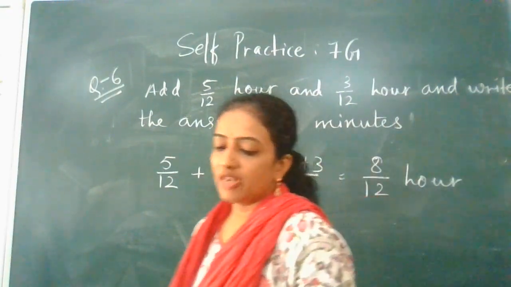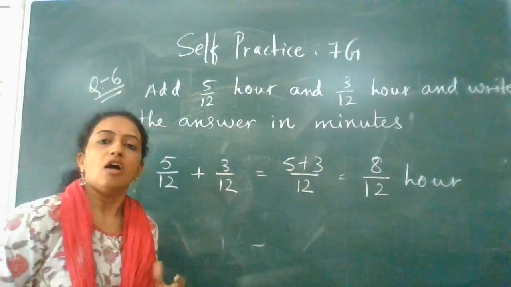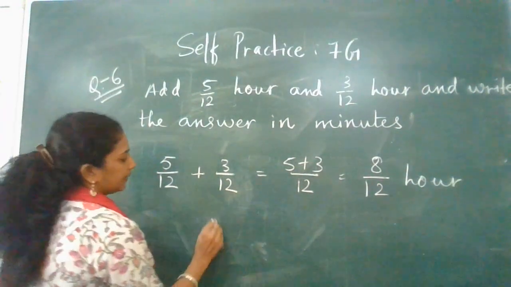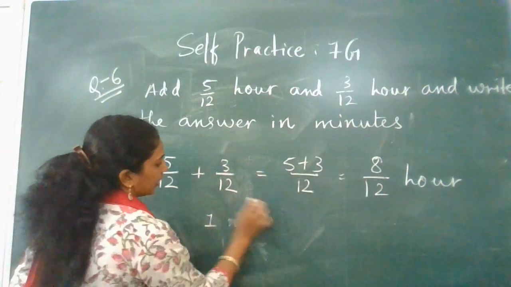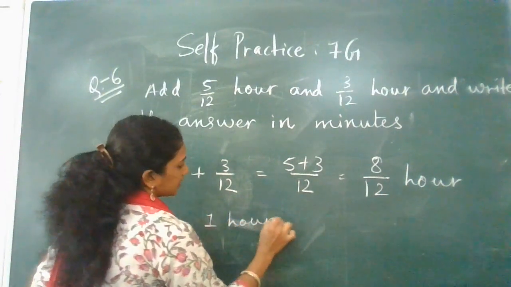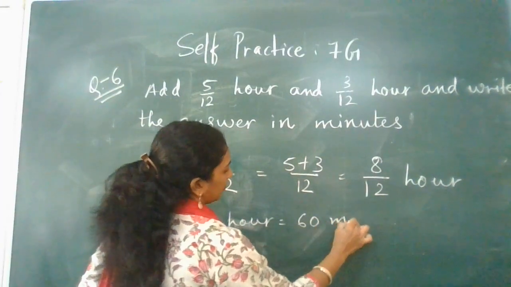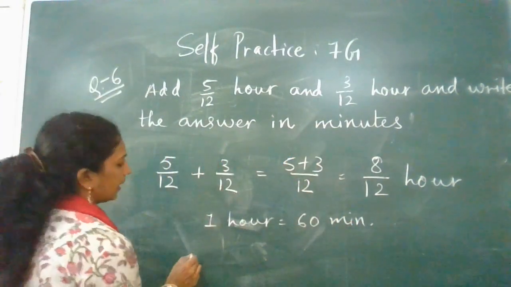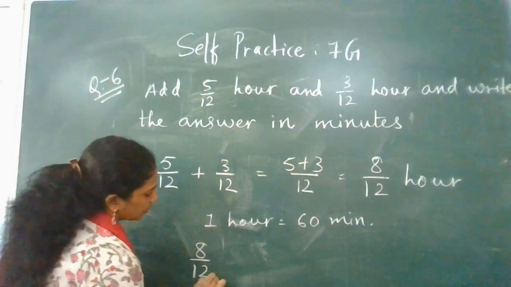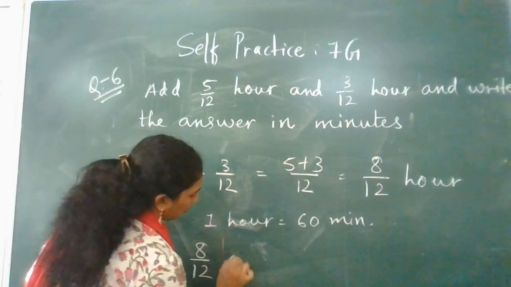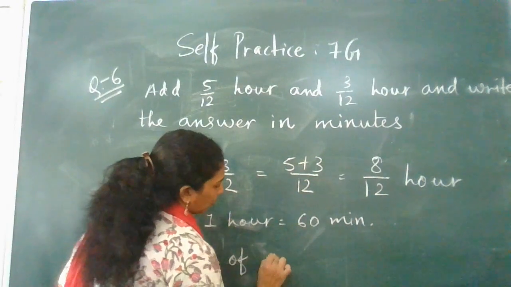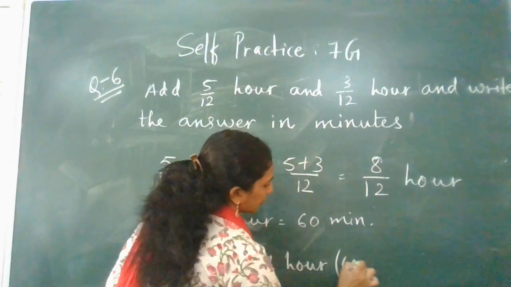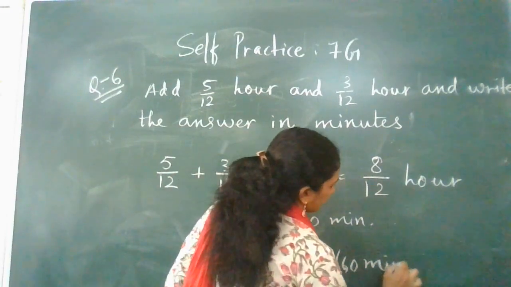If you remember, we have learned how to find out the part of a whole. Okay, we all know that 1 hour is equal to 60 minutes. As we have to answer in minutes, we'll be doing 8/12 of 1 hour. Okay, 1 hour means 60 minutes.